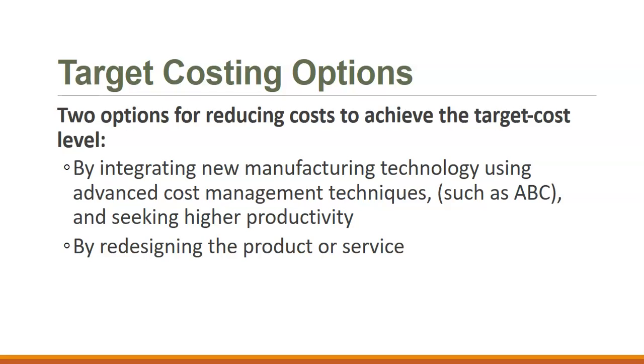Another way is by redesigning the product or service so that we can reduce either the materials or the labor costs associated with the product in order to reduce the cost.